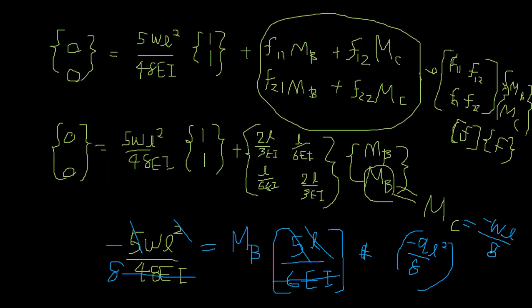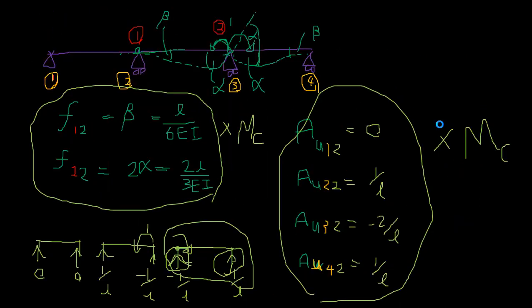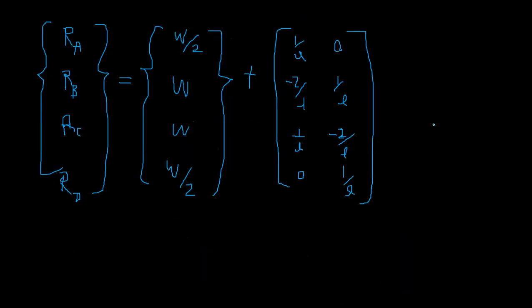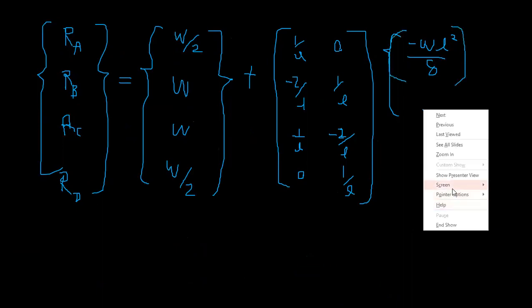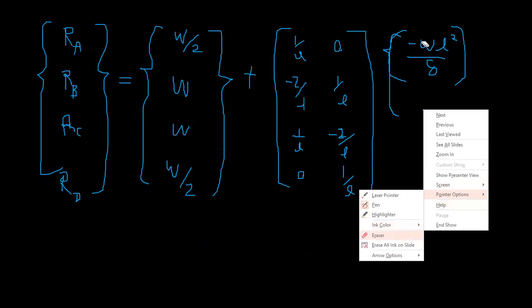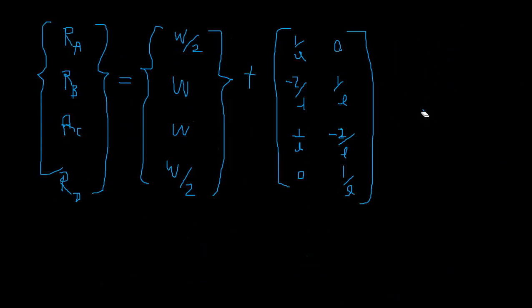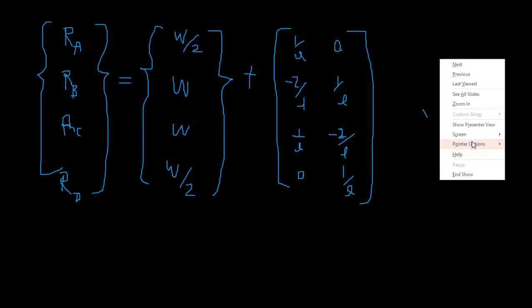So here it's going to be the force matrix, right? Force is MB and MB again minus WL squared over 8. If you take it out, so the force matrix was the MB and MC, right?